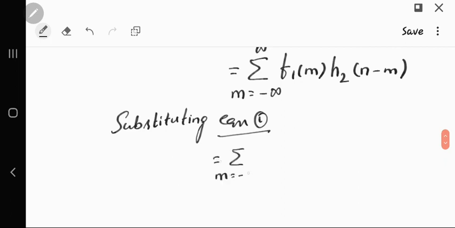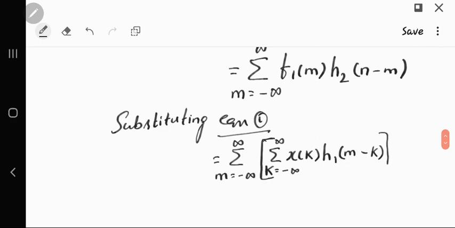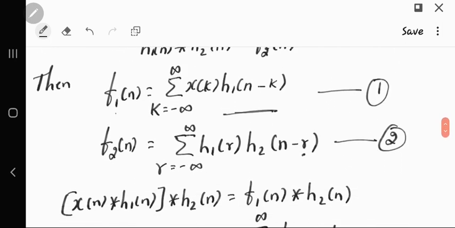Summation m is equal to minus infinity to plus infinity, and I am substituting f1 of m here, that is summation k is equal to minus infinity to plus infinity x of k, h1 of, since we have m here, I am writing it as m minus k, and this h2 of n minus m I am keeping as it is. Okay. I'm just showing this once again.